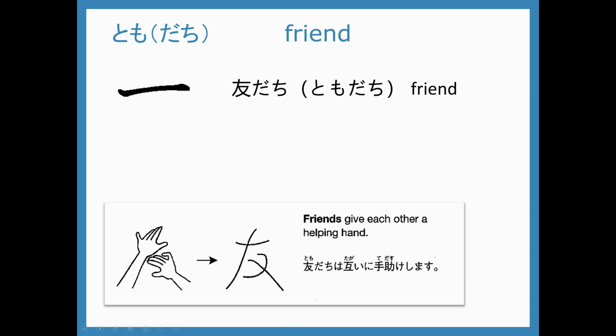Once again. 1, 2, 3, 4. One last time. 1, 2, 3, 4. Tomodachi, the tomo in tomodachi.